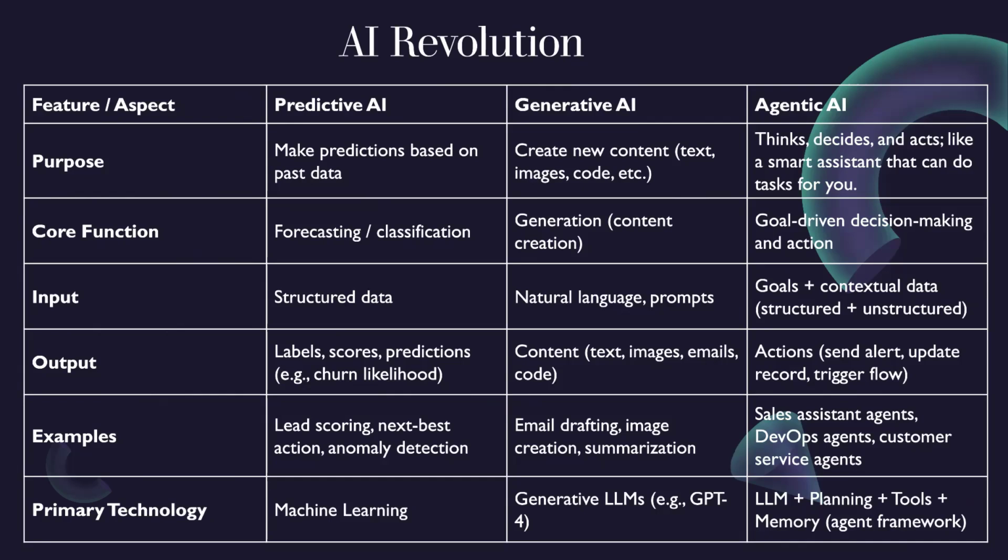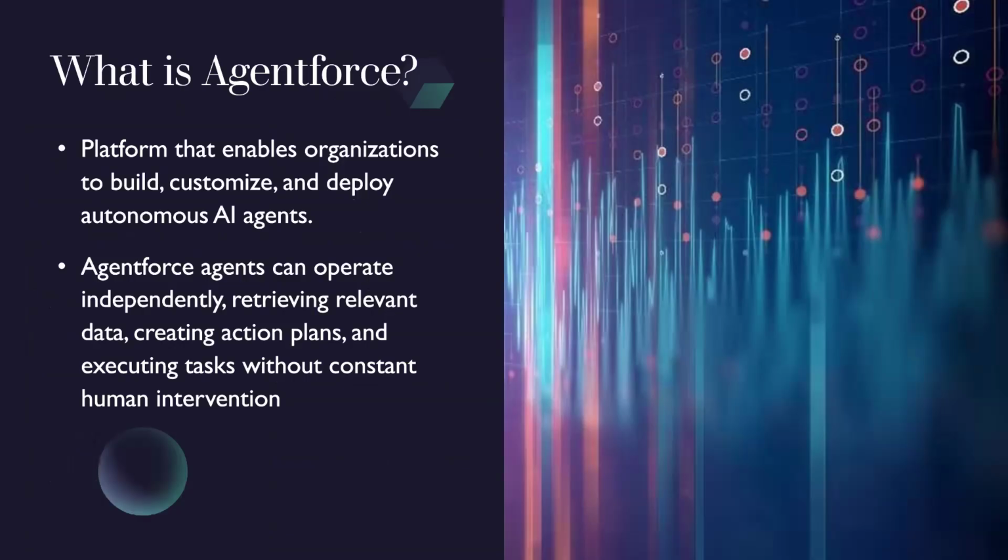As an input, you just provide the desired goals and the contextual data, and as a result, it performs certain actions for us. It can send alerts, update records, or trigger flows as well. We'll understand the technologies behind agentic AI. So let's quickly move to the next slide.